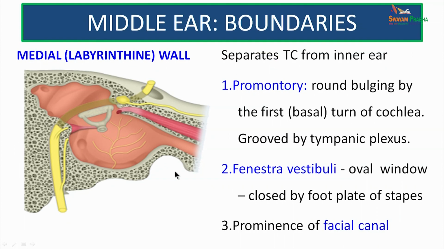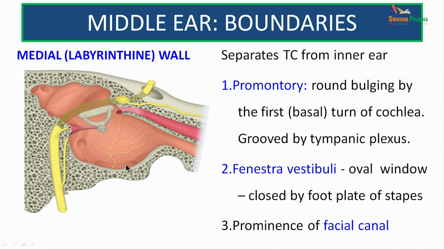Coming on to the medial wall, which is also referred to as the labyrinthine wall. This basically separates the middle ear from the inner ear. The most striking feature of that is a large bulge referred to as the promontory.